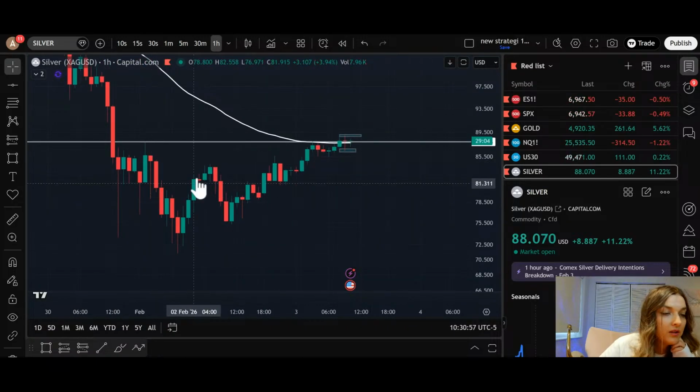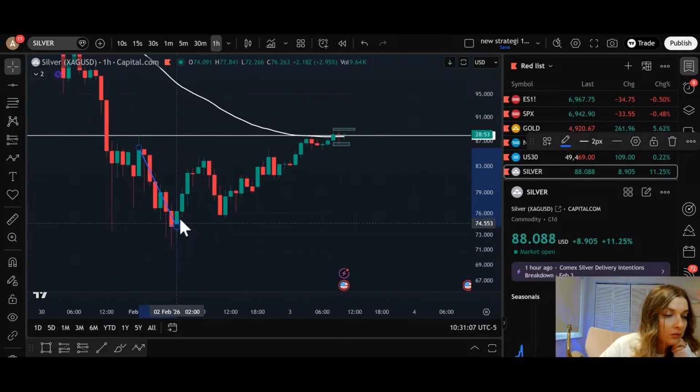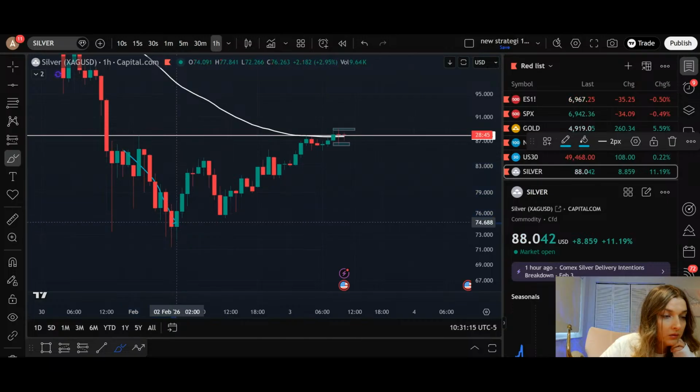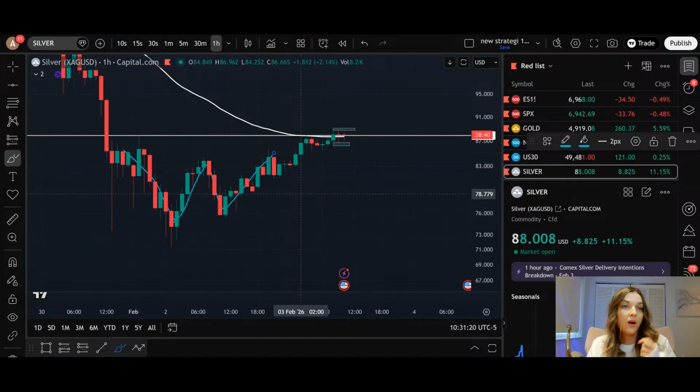Also, you can see it's a W pattern. So this makes me, you see this here? W. It's a W here. So that tells me the price wants to go up.